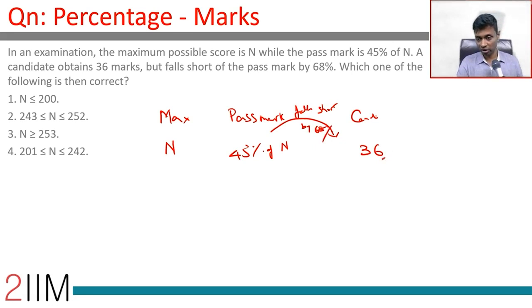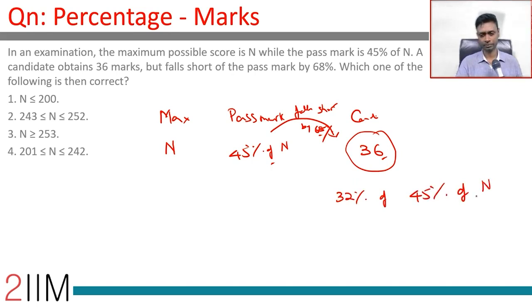So this 36 falls short of 45% of N by 68%, or this 36 is 32% of 45% of N. It falls short by 68%, or you take this number, reduce it by 68%, we'll get this. If you reduce something by 68%, it becomes 32% of whatever it was.